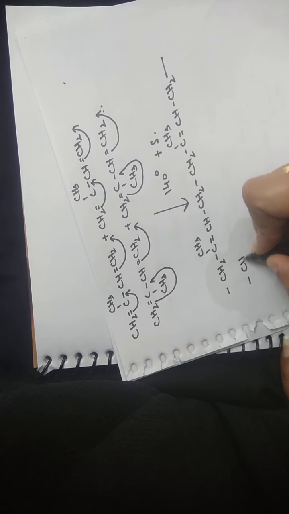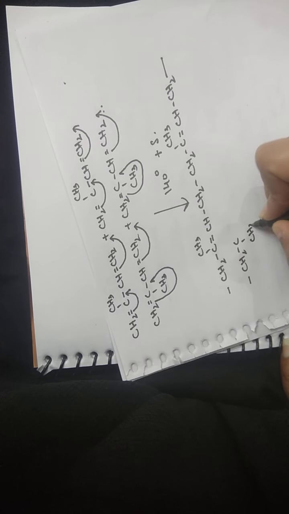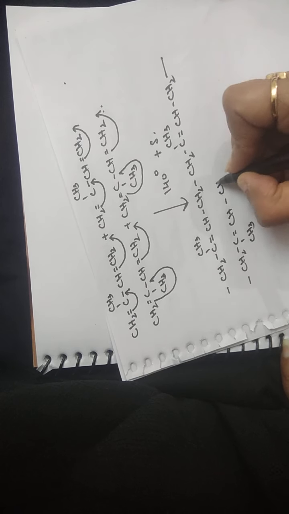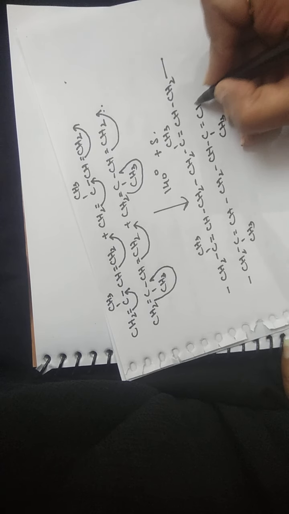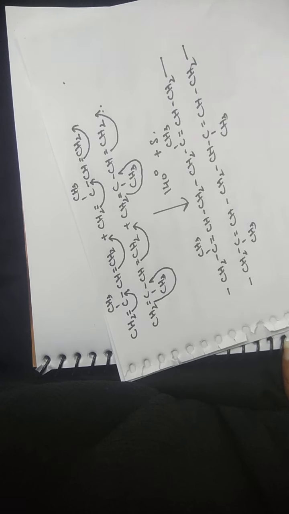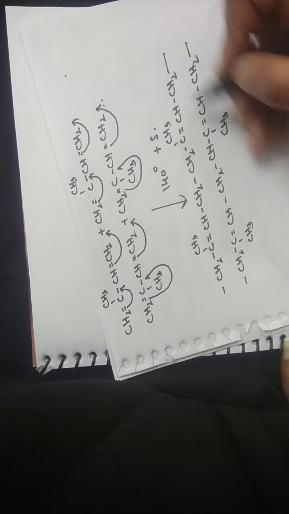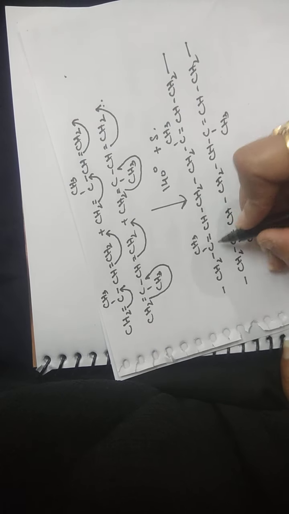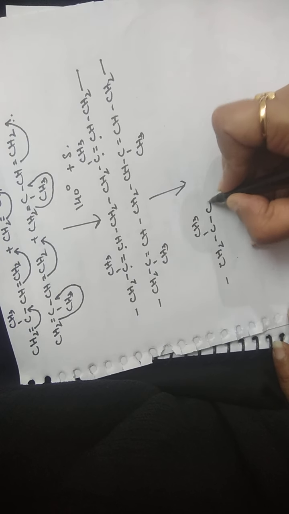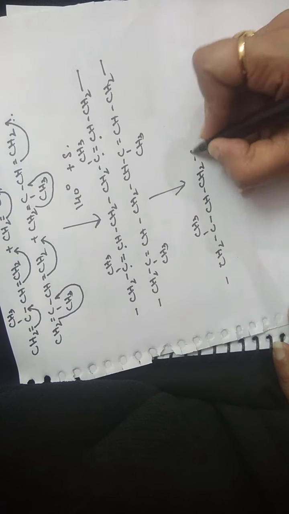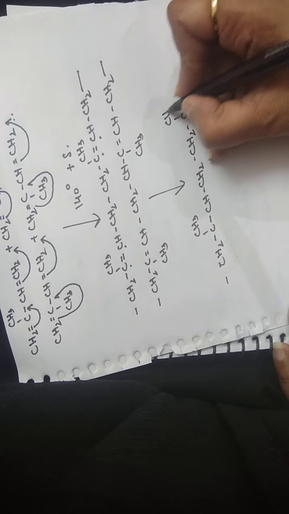Then I write the second layer, =CH, CH2, CH, C(CH3)=CH, CH2. Now the sulfur which is here is going to enter at the carbon which has double bonds. When the sulfur enters here, the structure becomes CH2, C(CH3), CH, CH2, CH2, C(CH3).